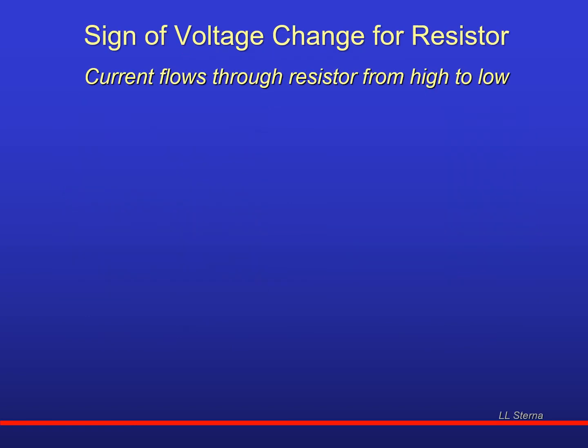Here's another thing, oh so important: the sign of the voltage change for a resistor. The key is you have to remember, since we treat current as positive, current flows downhill. It flows from high to low. If you see a river, a stream, whatever, some stream of water flowing along, you know it is flowing downhill.